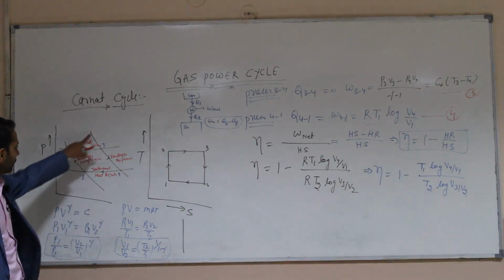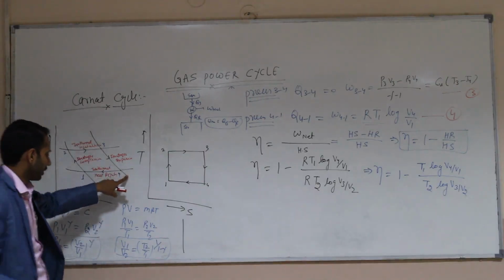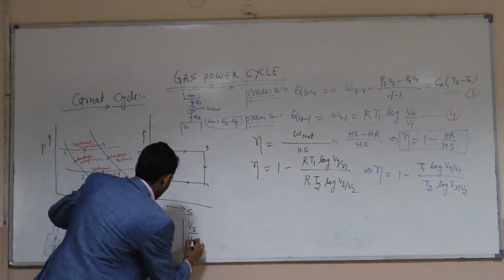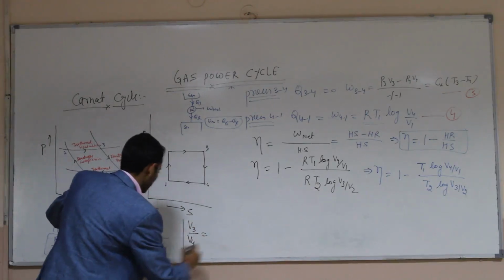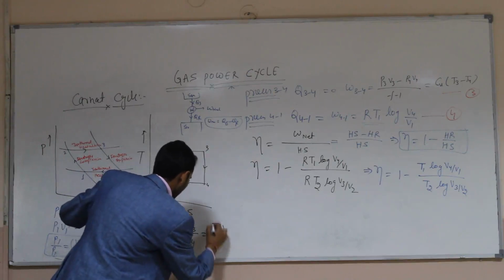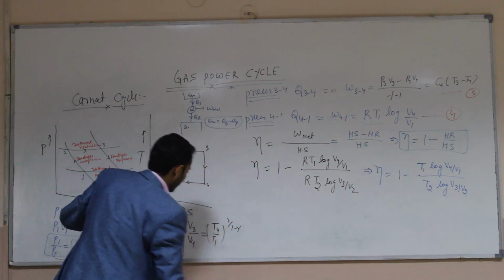Similarly, for the 3 to 4 process, what will we get? V3 by V4 is equal to (T4 by T1) to the power 1 divided by 1 minus gamma.